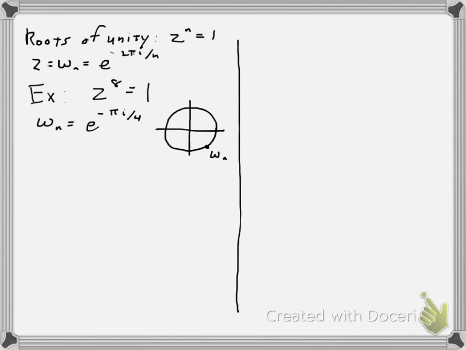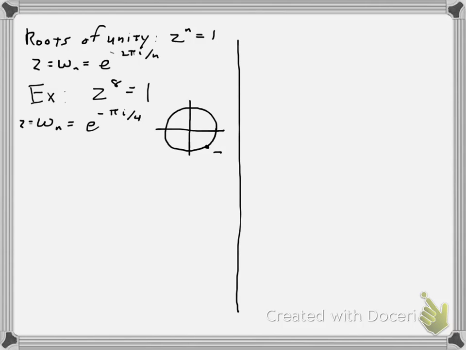Now, if we take powers of omega sub n, let me label this also as z. So let z equal omega sub n, and let me erase this omega sub n that I have down here.